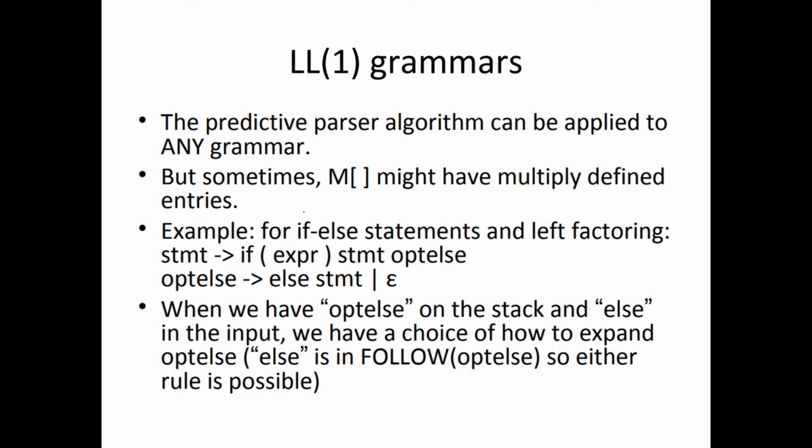Here the predictive parsers, that is recursive descent parsers needing no backtracking, can be constructed for a class of grammars called LL1 only. So without backtracking, we can construct the parse tree using LL1 grammars.